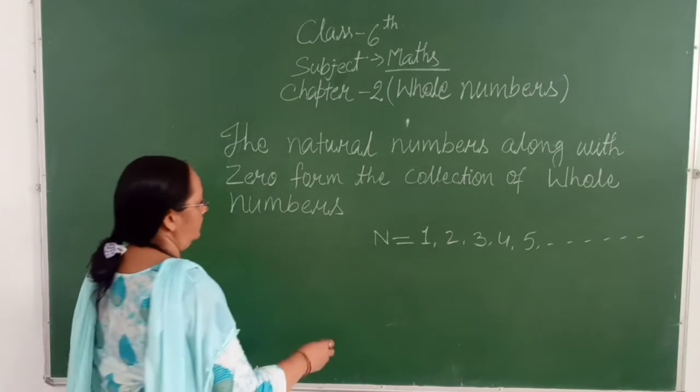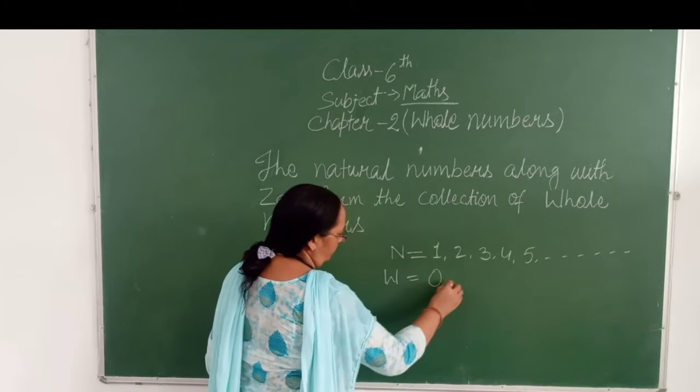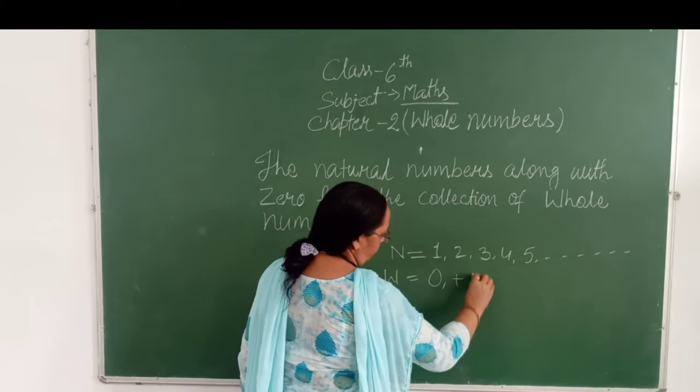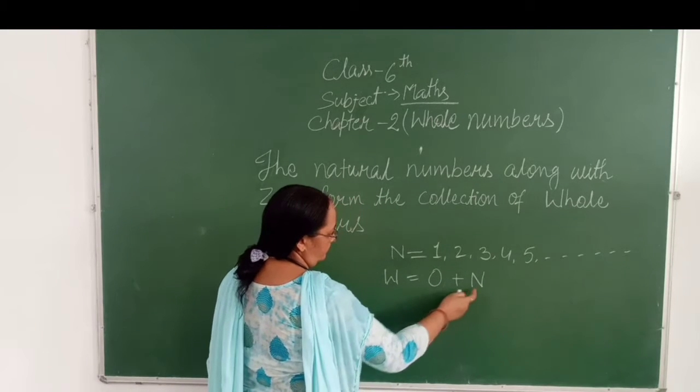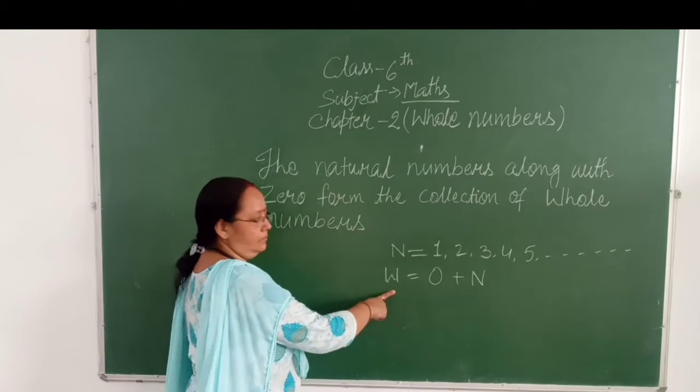If we add 0 with a natural number, this forms the whole number.